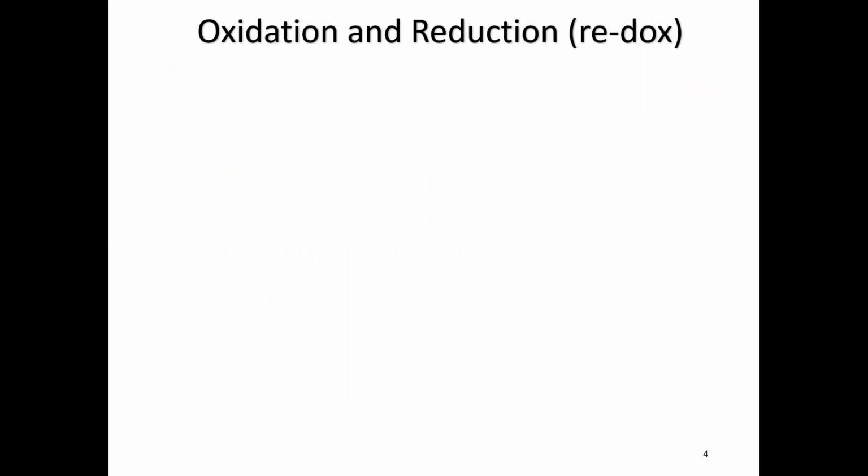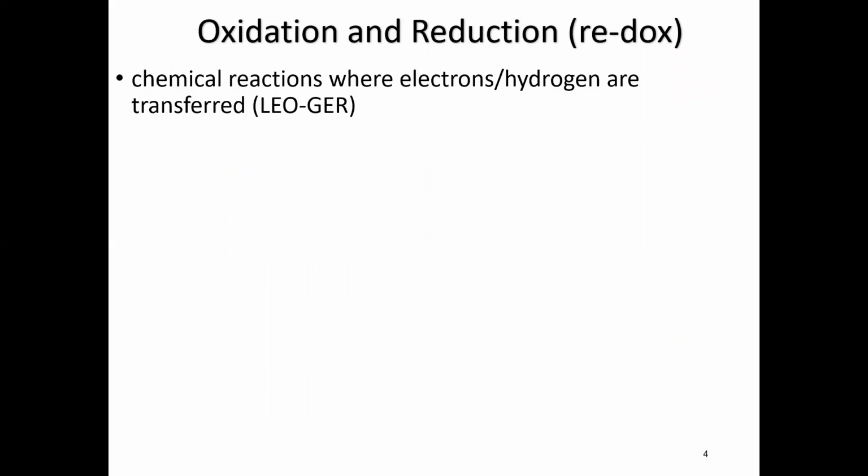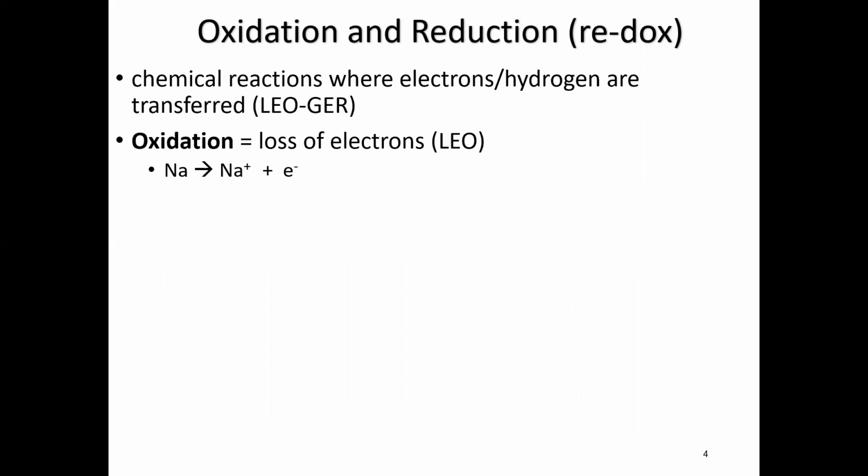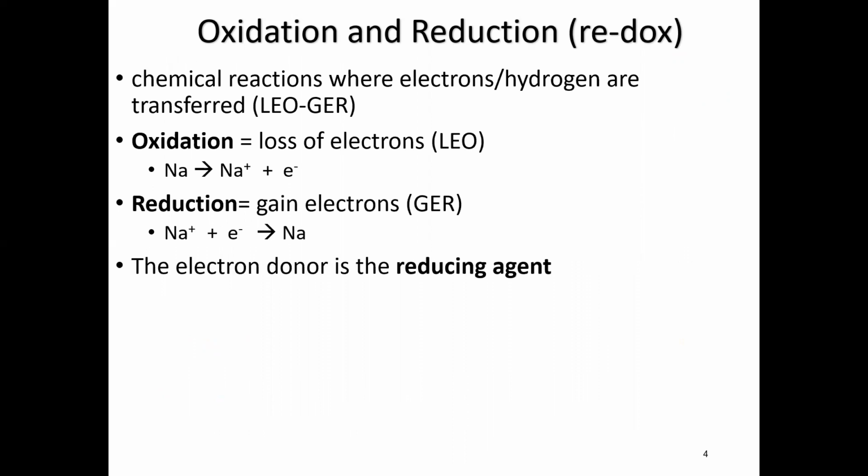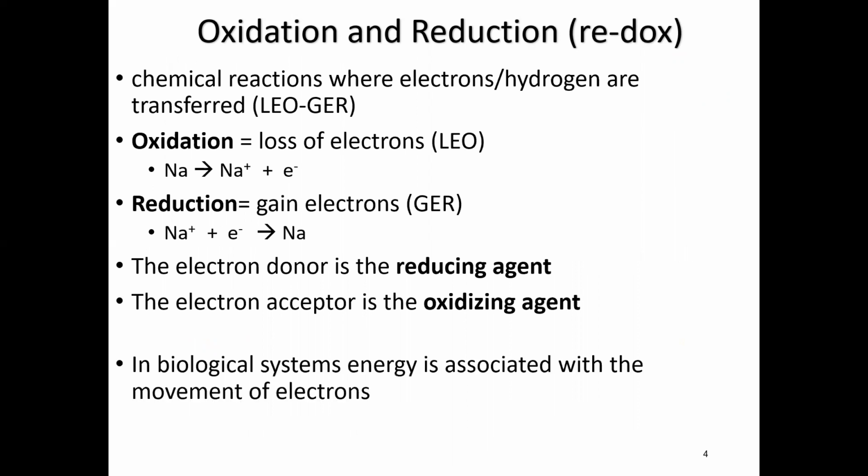Oxidation reduction, let's remind ourselves: LEO goes GER, loss of electrons is oxidation, gain of electrons is reduction. An electron donor is a reducing agent, and an electron acceptor causes another compound to lose electrons, so it's an oxidizing agent. Energy is associated with the movement of electrons.